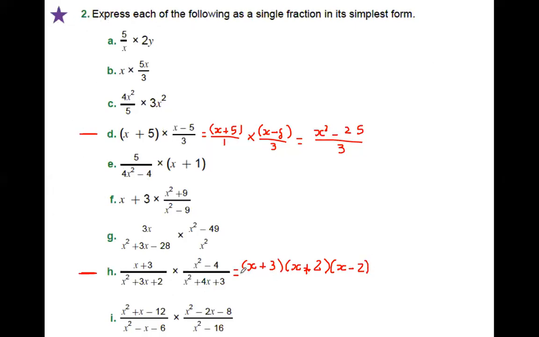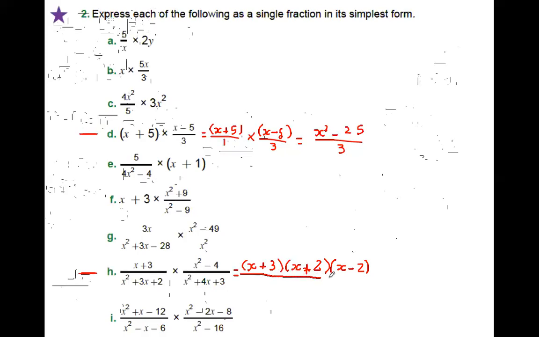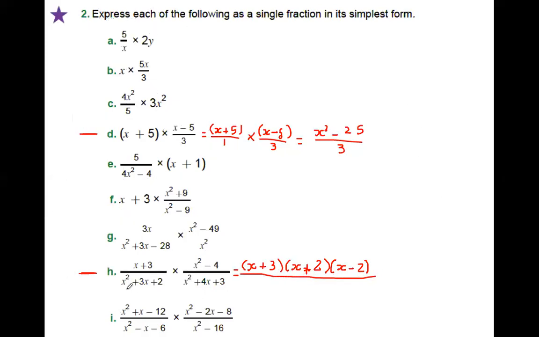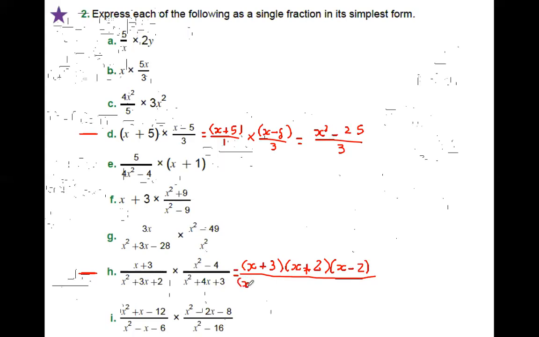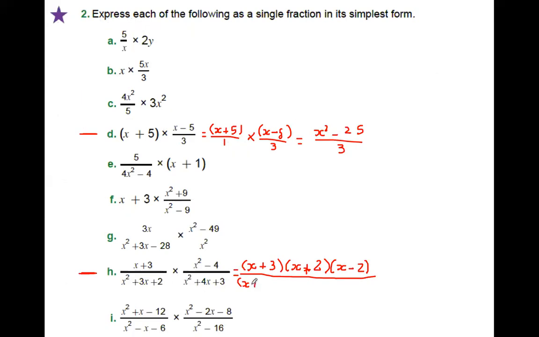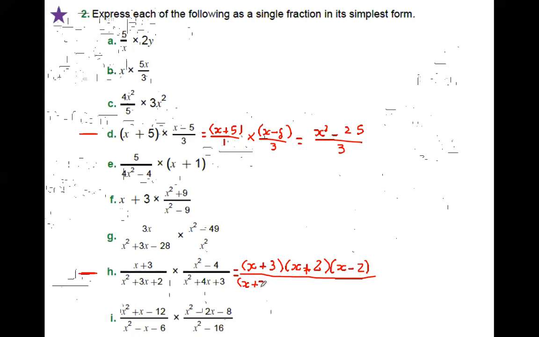So let's see the first one. 2 numbers to get 2 and 1. So x plus 2 times x plus 1. Do you agree? Straight away, you see that x plus 2 at the top will cancel each other nicely for me.